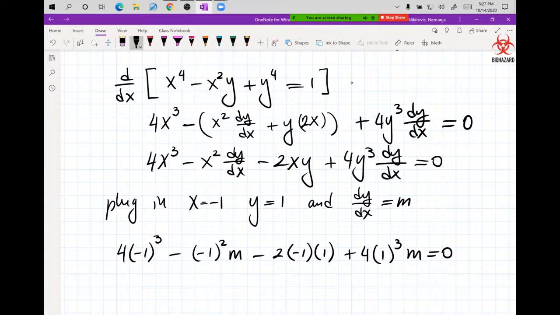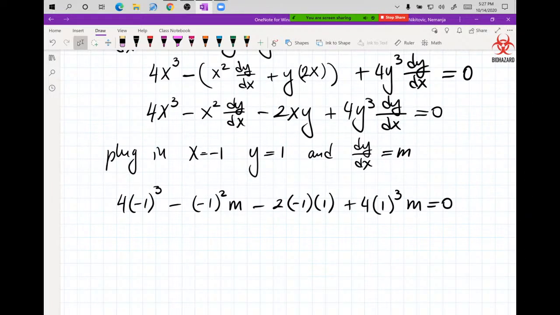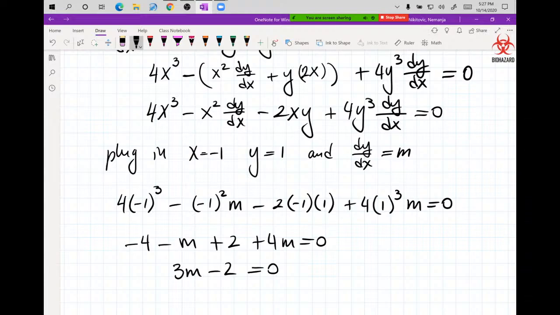And from this point on, we just solve this basic equation. (-1) cubed is -1, so -4 minus m, right? (-1) squared is 1, so that's gone. Plus 2 plus 4m equals 0. This is 3m minus 2 equals 0. m is clearly 2/3.